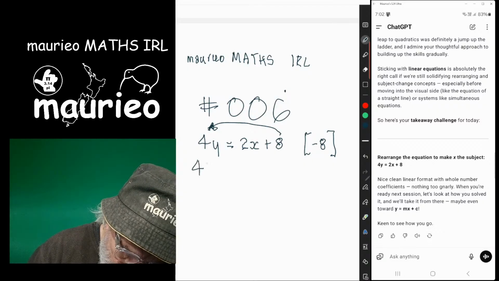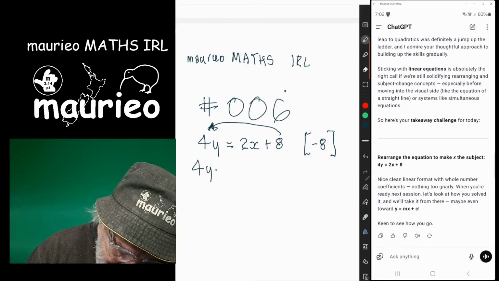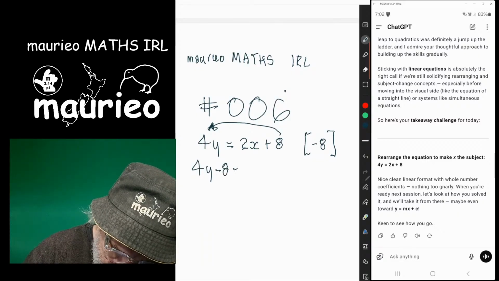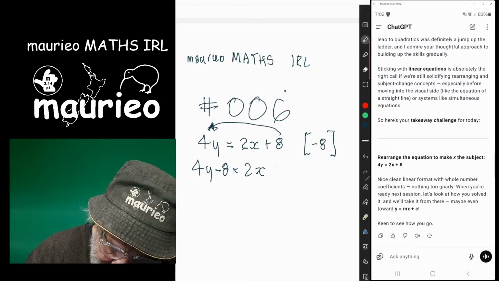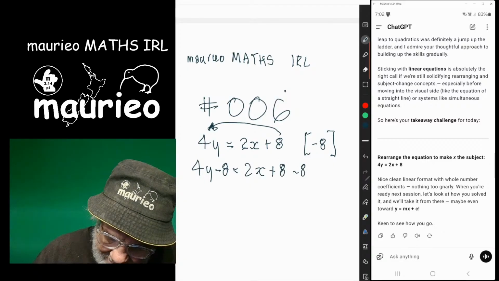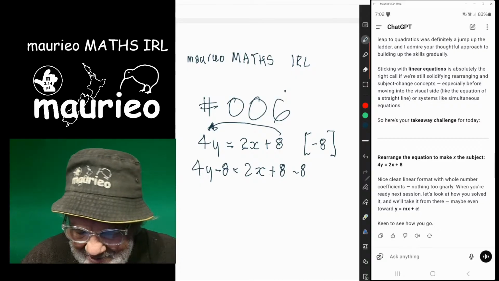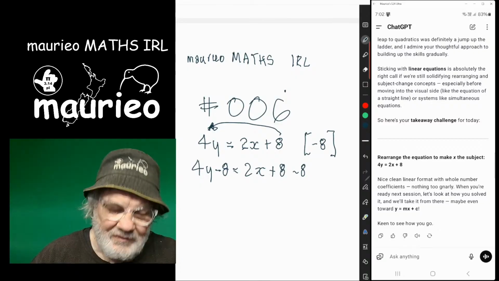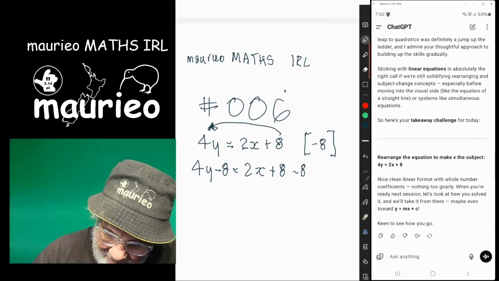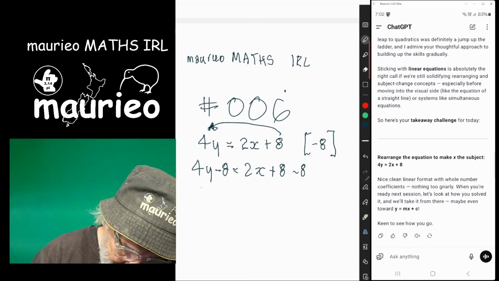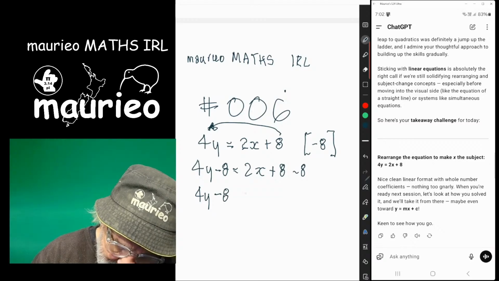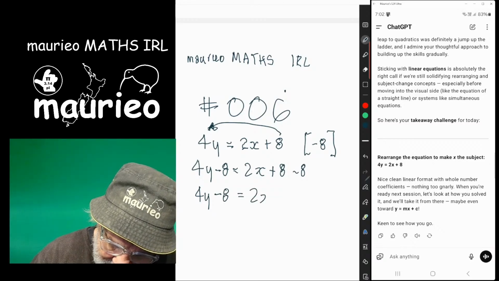So we get 4y minus 8 equals 2x plus 8 minus 8. We can see that plus 8 minus 8 gets rid of the 8 on the right hand side, and then it becomes negative 8. So we get 4y minus 8 equals 2x.